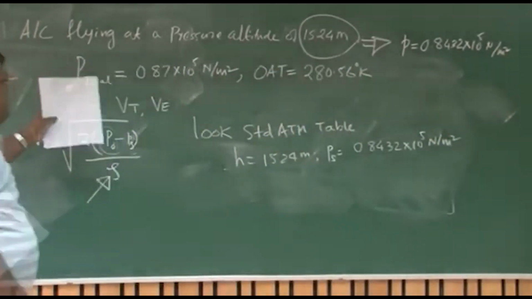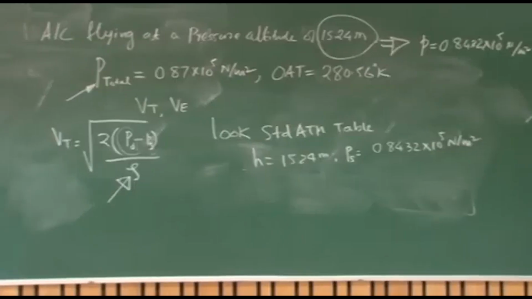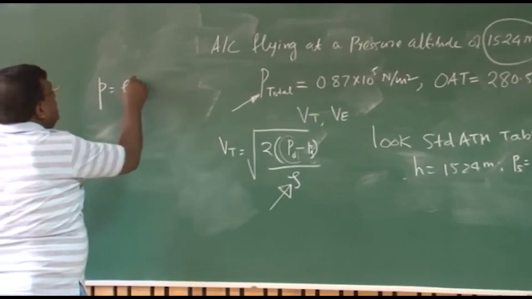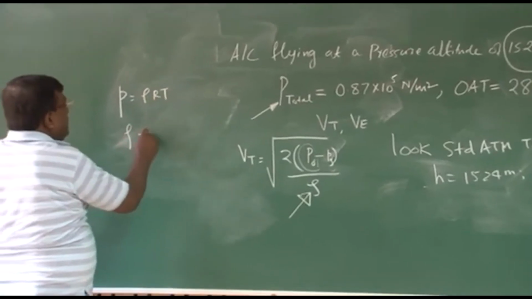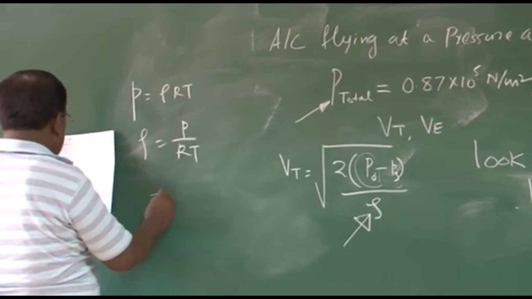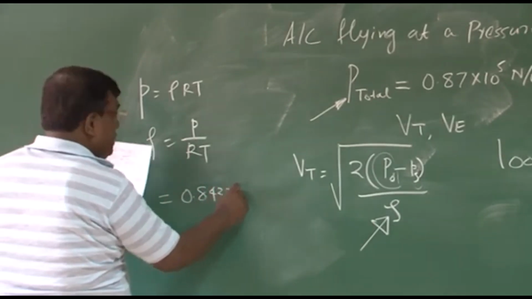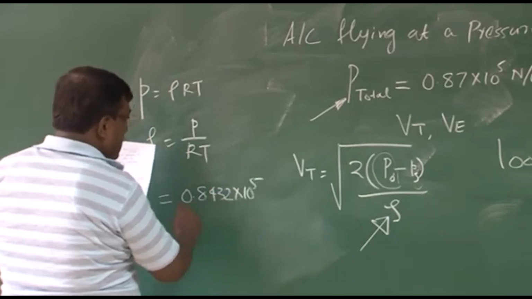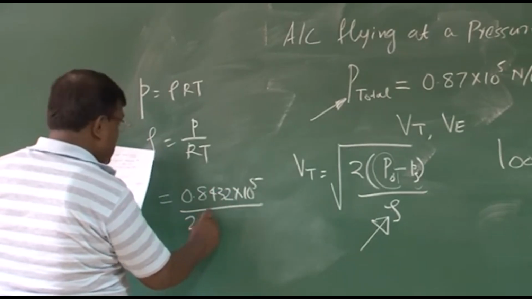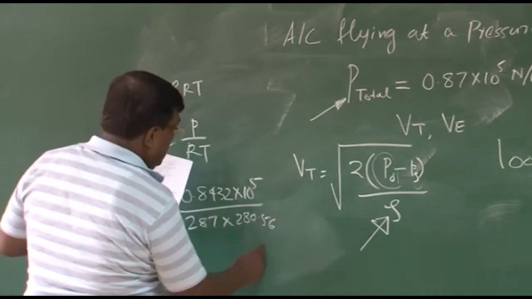P naught is given, but I don't know how to find rho. For rho, what will I use? P equal to rho RT. So rho is P by RT. And if I substitute the values, I will get 0.8432 into 10 to the power 5 divided by R, which is 287, and temperature, which is 280.56.